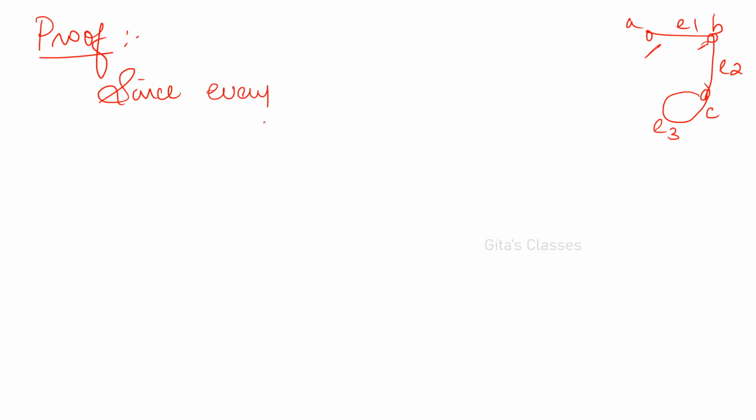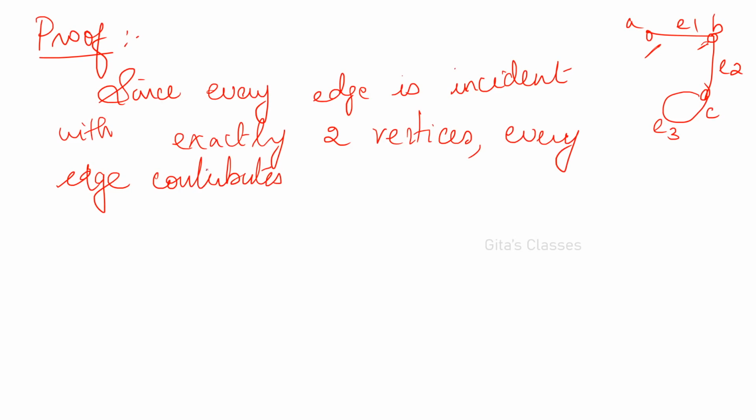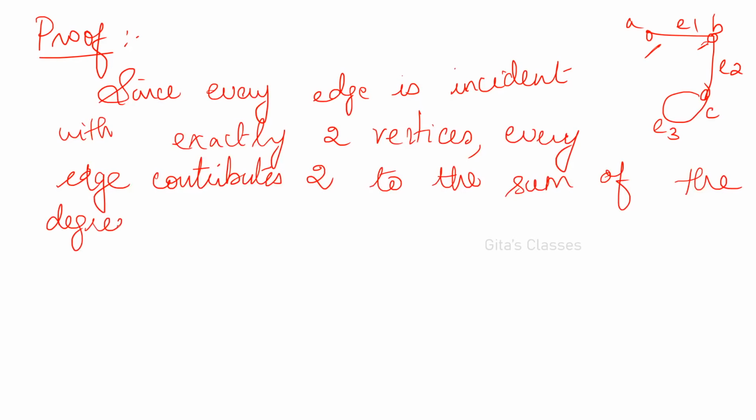Since every edge is incident with exactly 2 vertices, every edge contributes to the sum of the degree of the vertices.